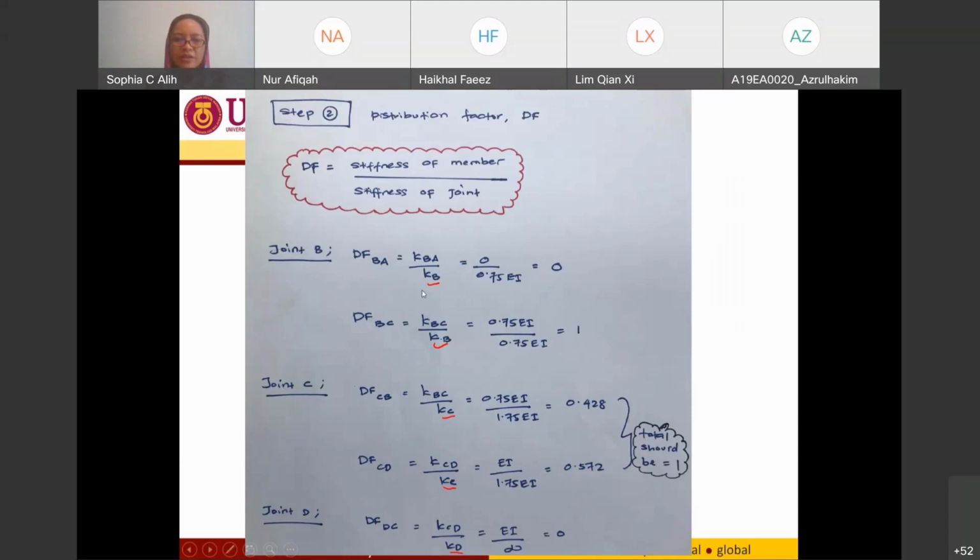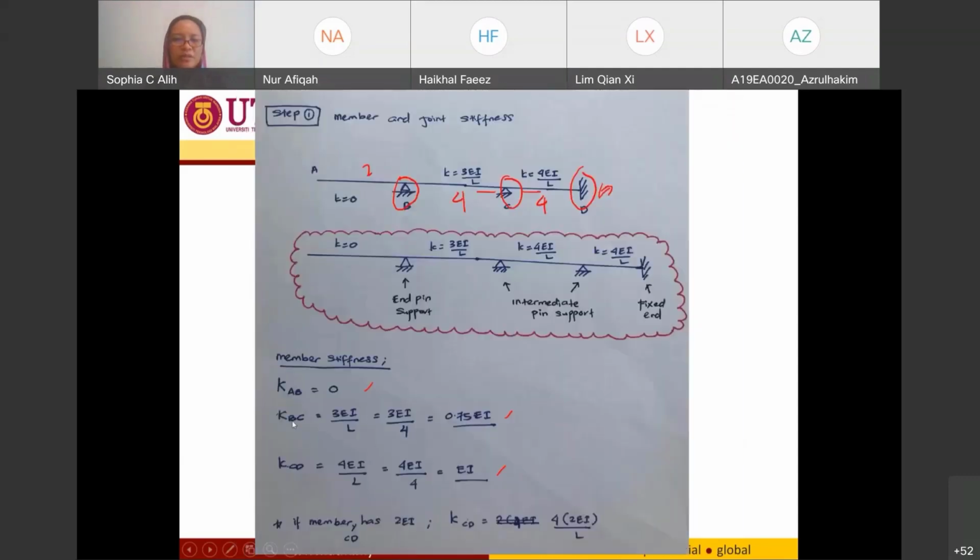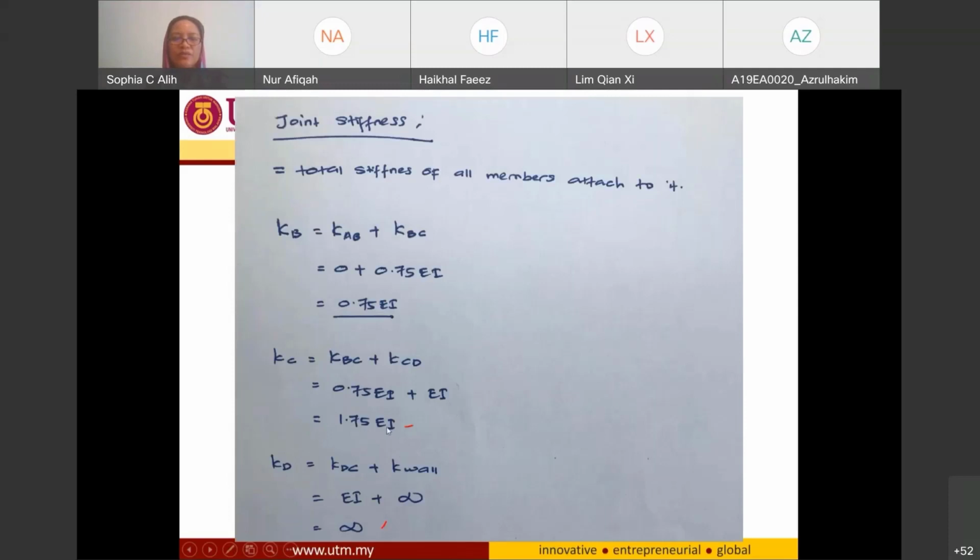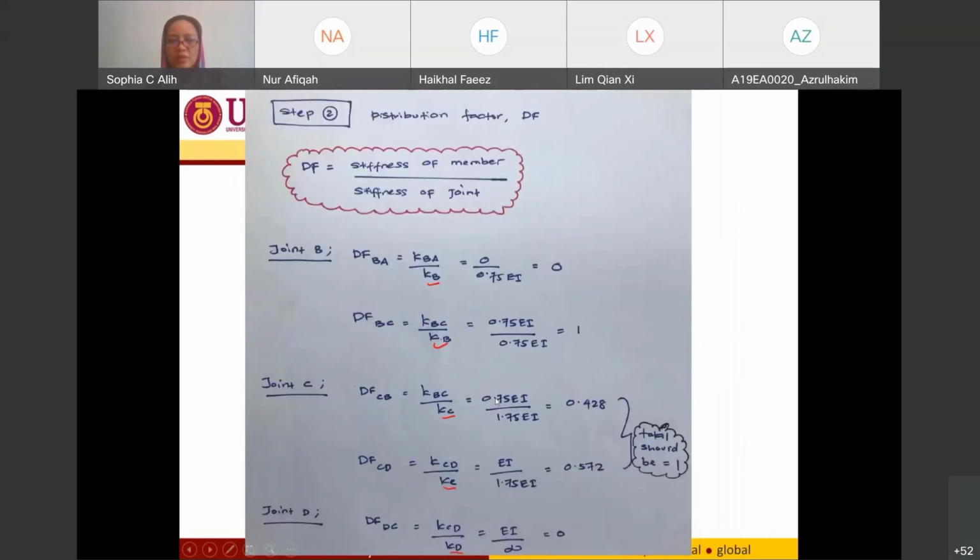So now I just include all the values that I have already calculated before for each member. For joint C, the distribution factor of member CB is going to be KBC divided by KC. KBC I have already calculated as 0.75 EI and KC is 1.75 EI. So 0.75 EI divided by 1.75 EI, and I will have 0.428.